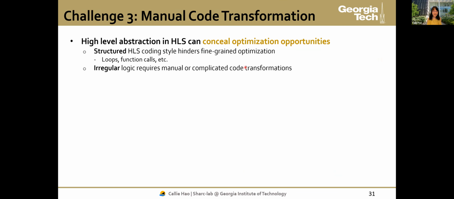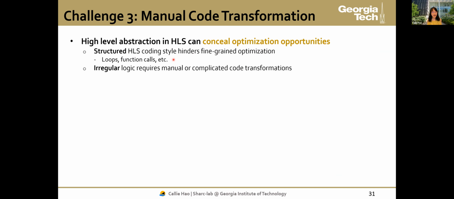Let me show you another example. So we like high-level synthesis because it provides high-level abstraction, and in most cases, we really like it because it makes our life easier. But in some cases, it can also conceal optimization opportunities. For example, the structured high-level synthesis coding style will hinder fine-grained optimization.